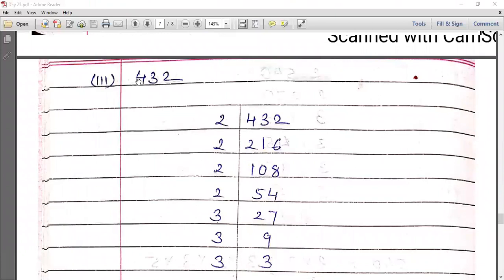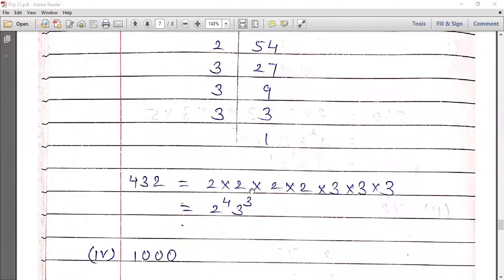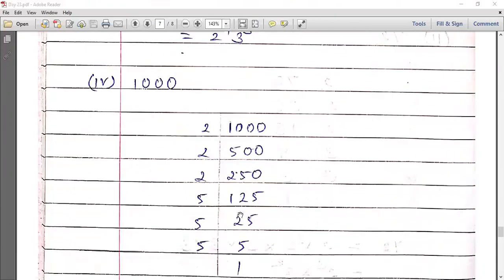Part 3, 432. 432 has the factors 4 times 2 and 3 times 3. So 2 raised to 4, 3 raised to 3. Without any space or multiplication sign, you can write the exponential form of it.